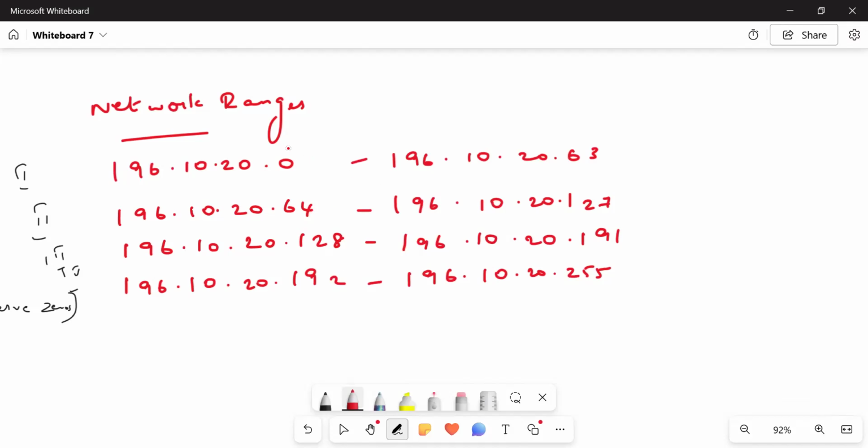This is the first address of the first subnet and the last address of the first subnet. So this is actually your network address.